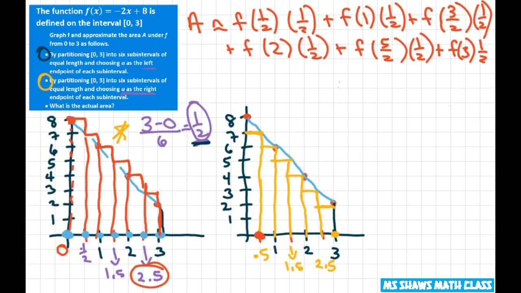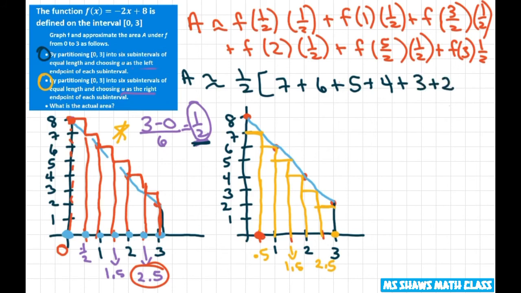Now again, I'm going to factor out the 1/2 to make it a little easier. This is just going to give you 7 plus 6 plus 5 plus 4 plus 3 plus 2. You add all that up and divide by 2, and you're going to get 13.5.